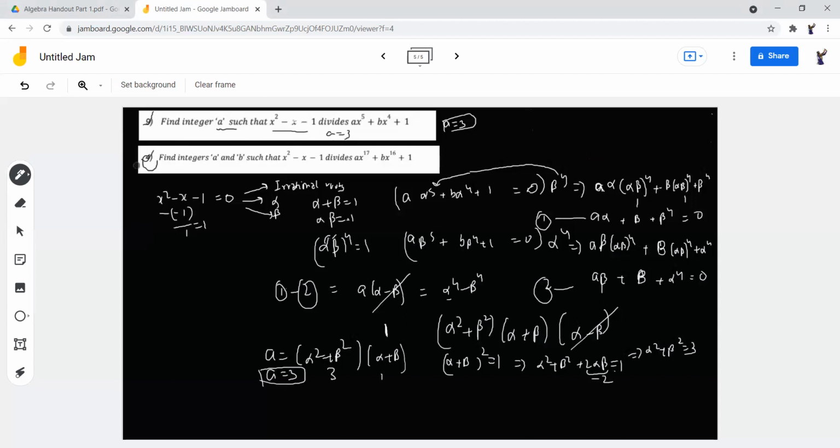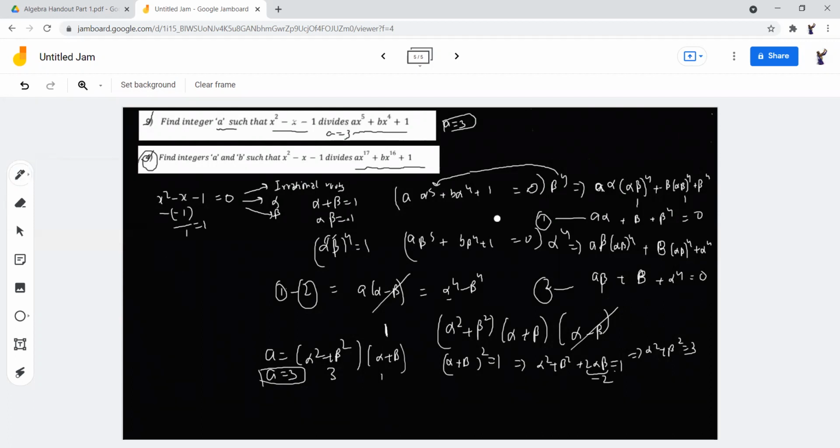The fourth question will be homework, guys, because we have used the same logic: a x power 5, here it's a x power 17. So just multiply by alpha power 17 and beta power 17, alpha power 16 and beta power 16, and you get everything similar to this.